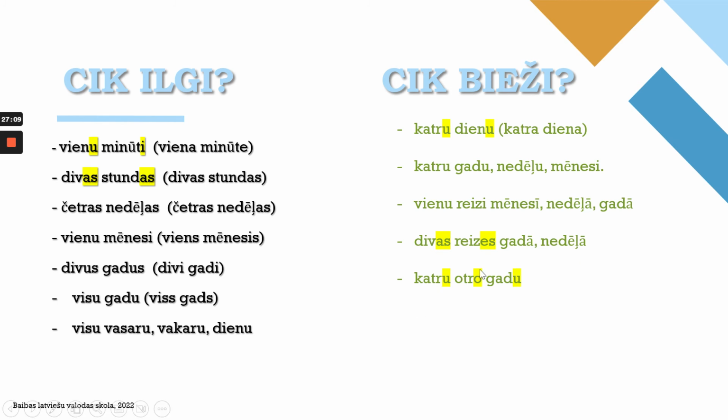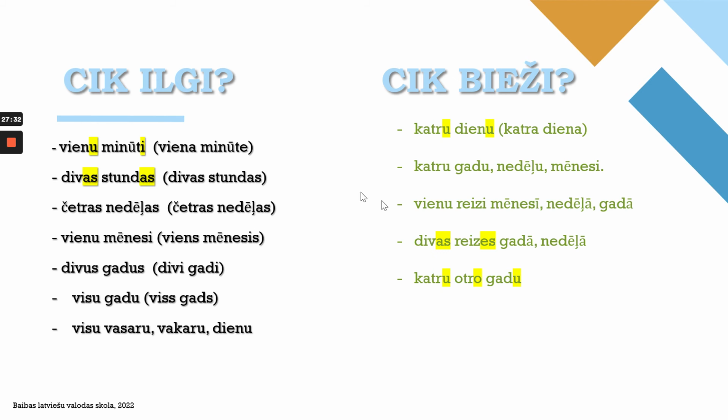Another form is katru otro gadu, every second year, literally. Katru otro gadu. Katru gadu, we know that. Otro, second. Dictionary form is otrais, would be otrais gads. And in accusative, otrais becomes otro.